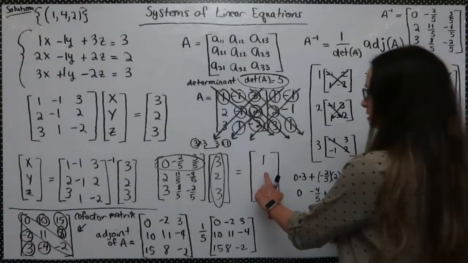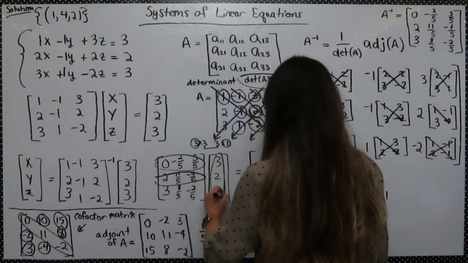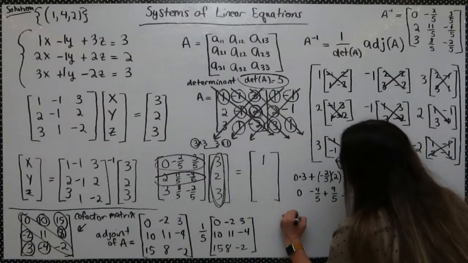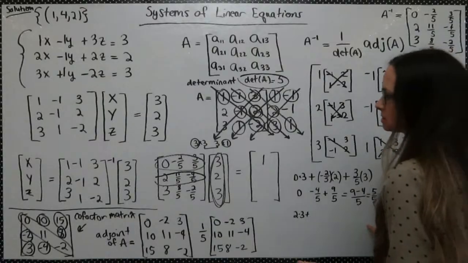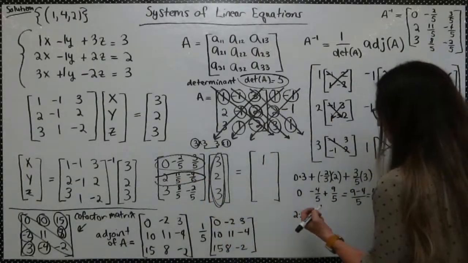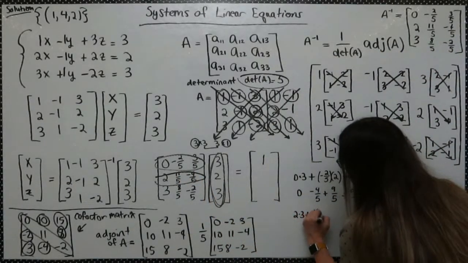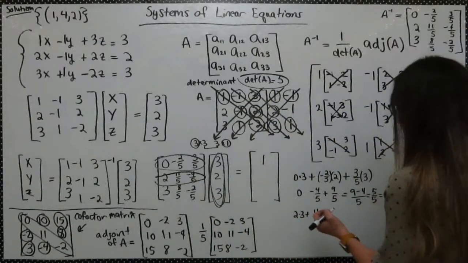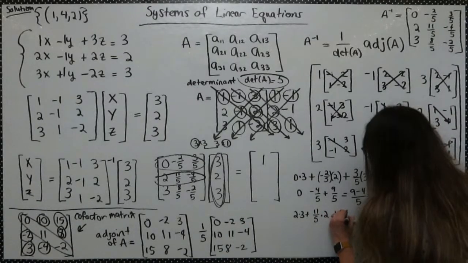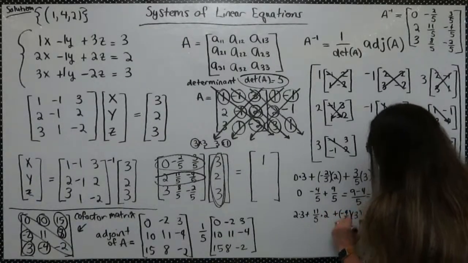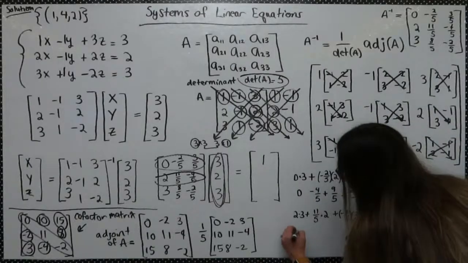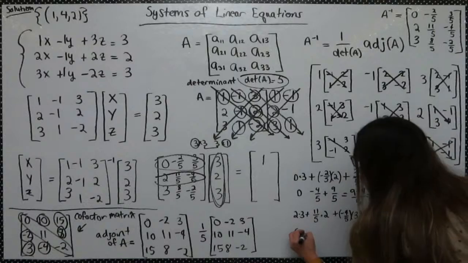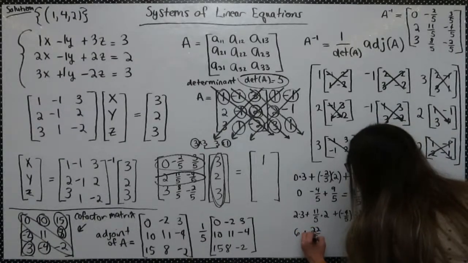Now for the second position, we're going to take this row and this column. So it's 2 times 3 plus 11/5 times 2 plus -4/5 times 3. And see what that equals. 2 times 3 is 6. 11/5 times 2 is plus 22 over 5.